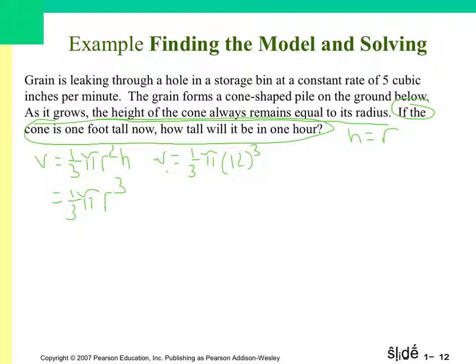So let's see. This equals 576 pi. Well, it says grain is leaking through a hole in a storage bin at a constant rate of 5 cubic inches per minute. Well, how many minutes are in an hour? So you can say it's going to grow 60 times 5, so 300 cubic inches.